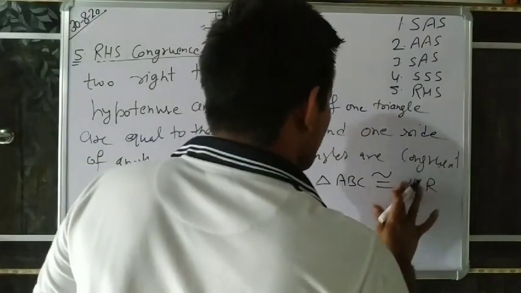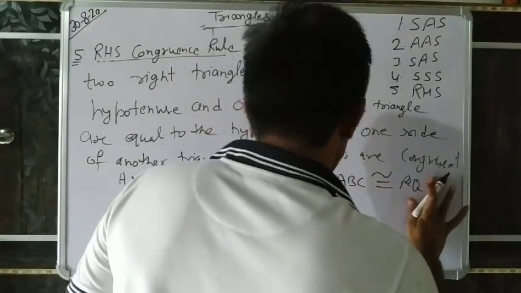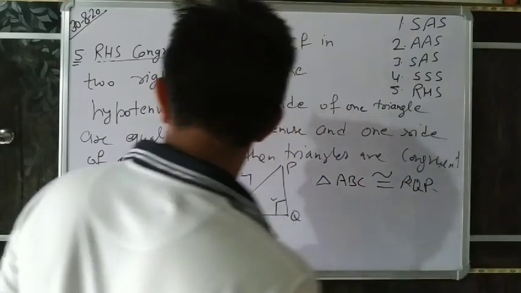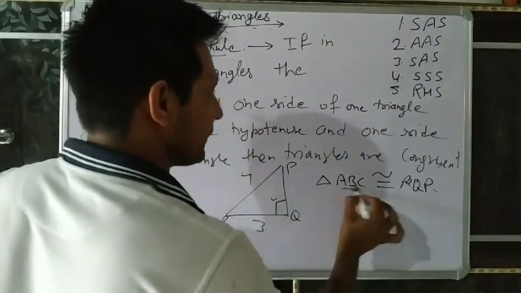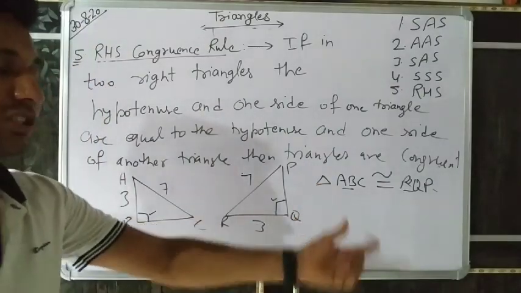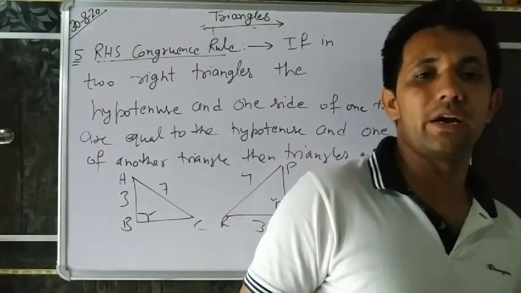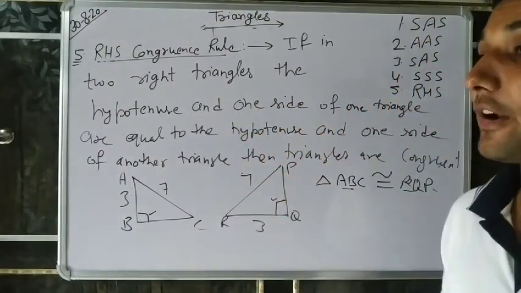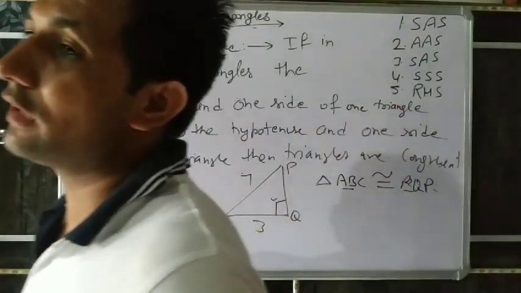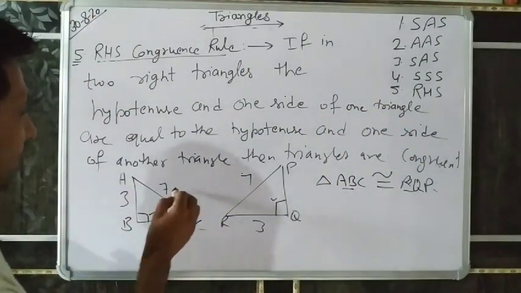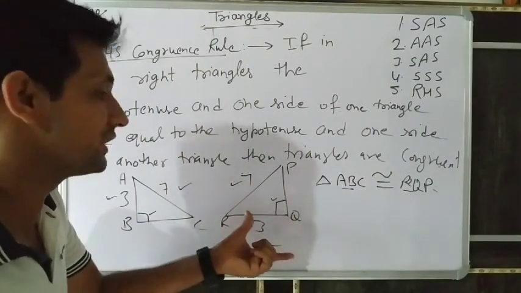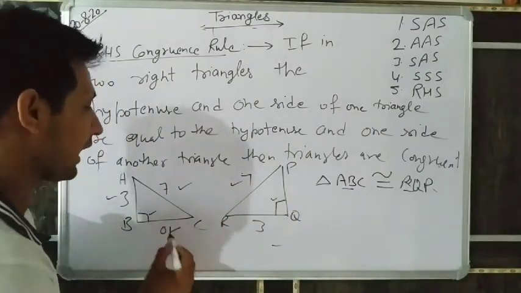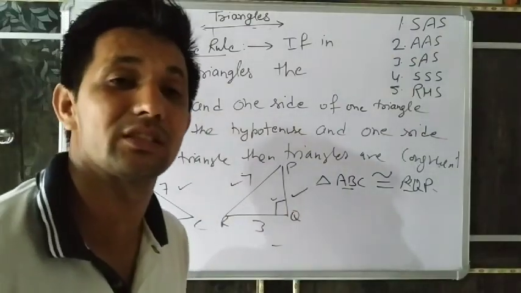So R will come first, because AB is 3, here is R. AB is first, RQ is first. So in any two congruent triangles there are 6 corresponding parts: 3 are angles, 3 are sides. 2 sides already given, so it means the third side, BC, is always equal to PQ. Only one side is left.